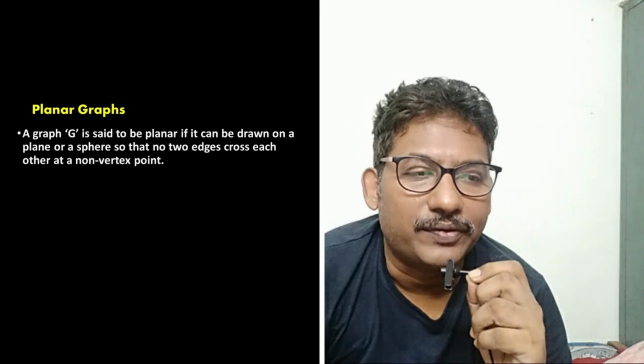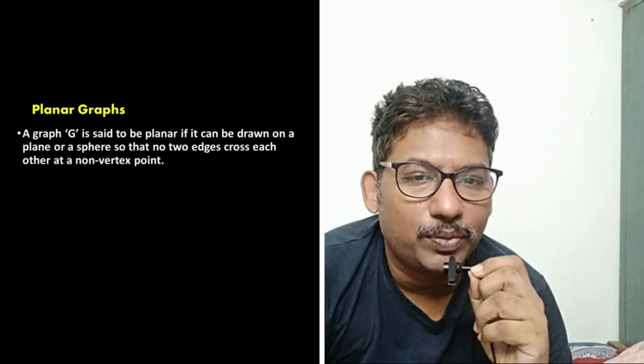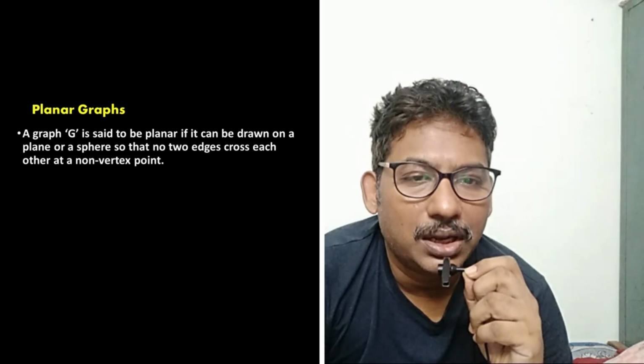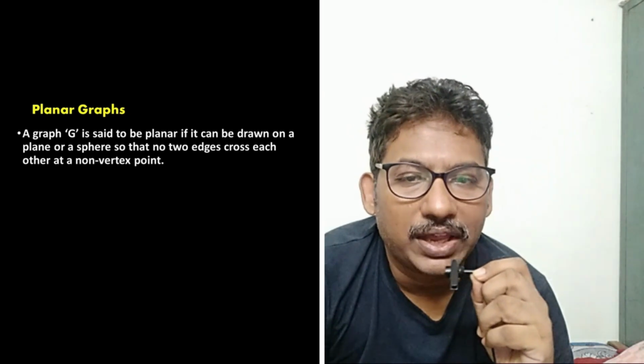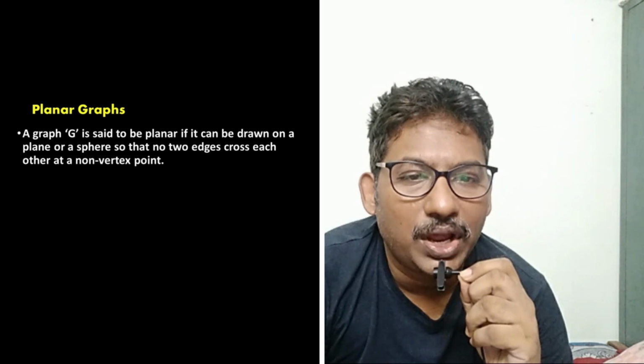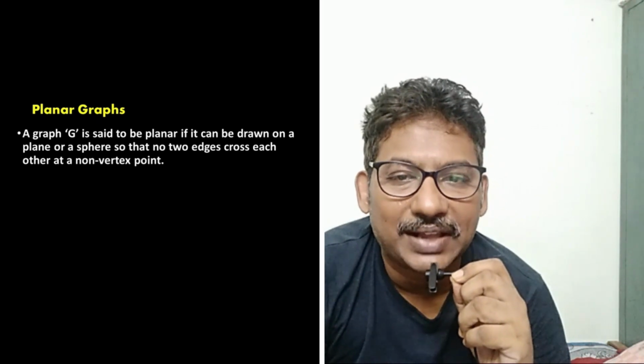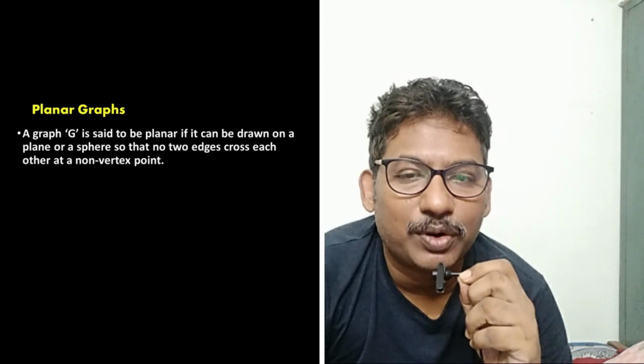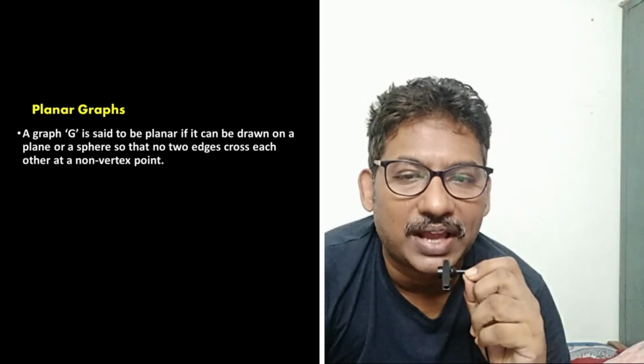Then planar graphs. A graph G is said to be planar if it can be drawn on a plane or a sphere so that no edges cross each other at a non-vertex point. If the edges do not cross at a non-vertex point, then it is called a planar graph.